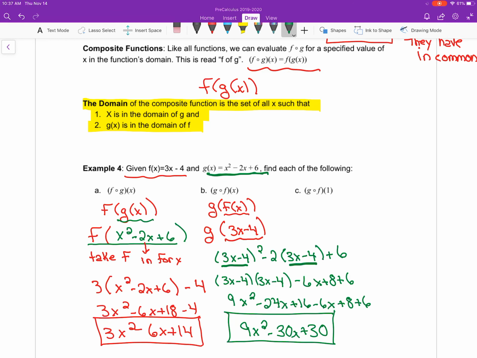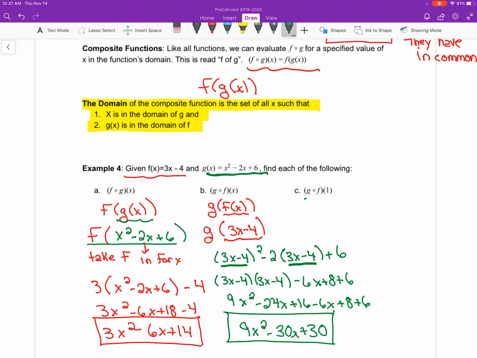Okay, and what does it mean when we have, I always like to rewrite this, g of f of 1. You always work inside out. So start by finding f of 1. F of 1 is just 3 times 1 minus 4, which is negative 1.